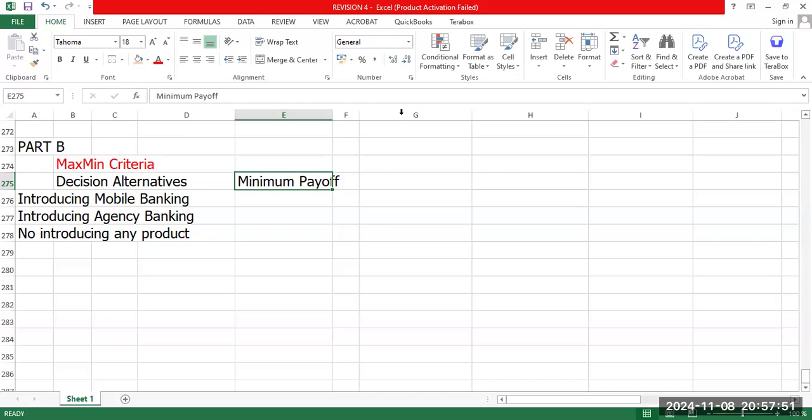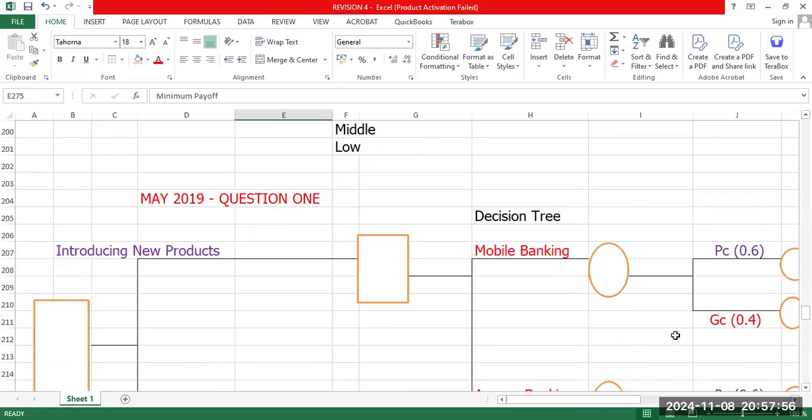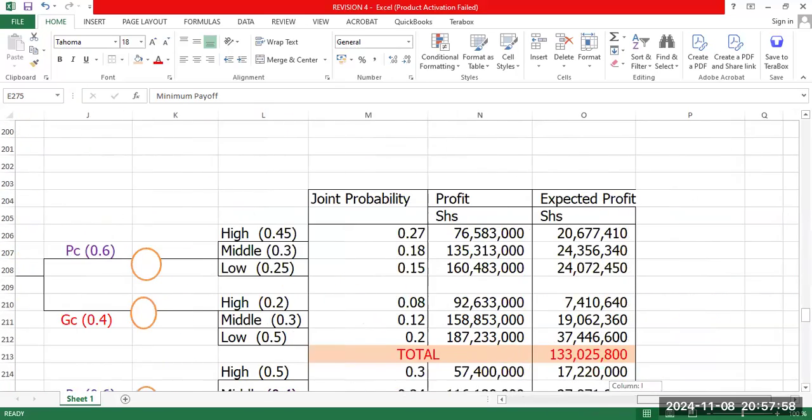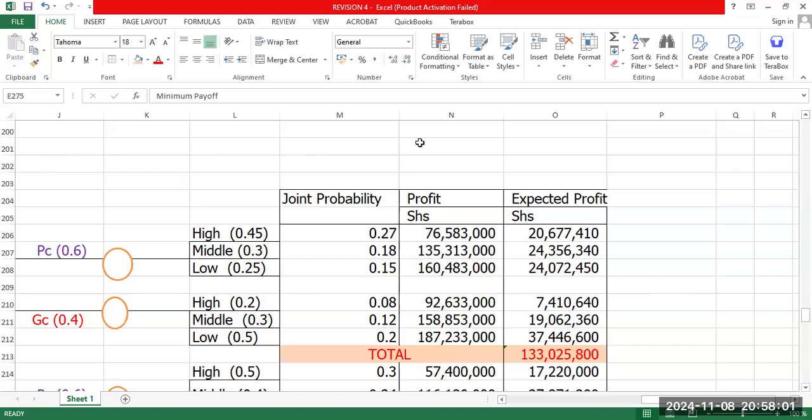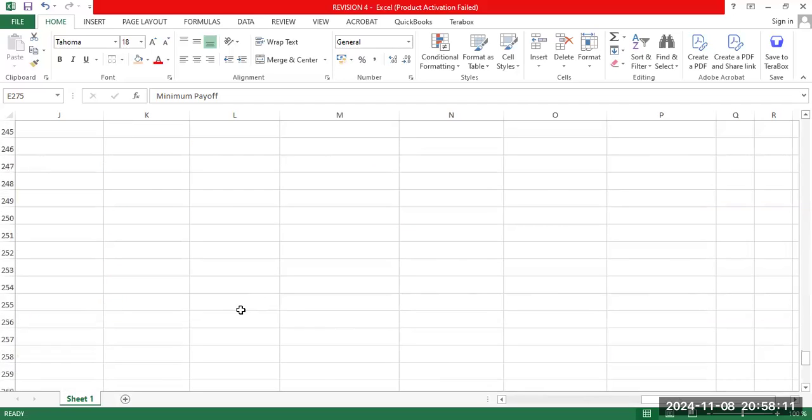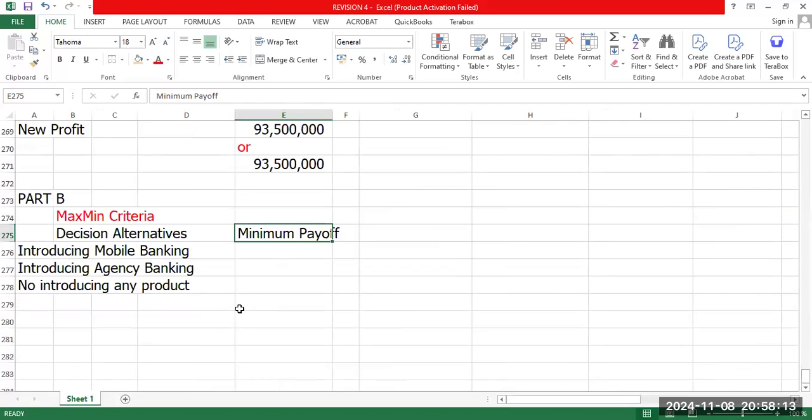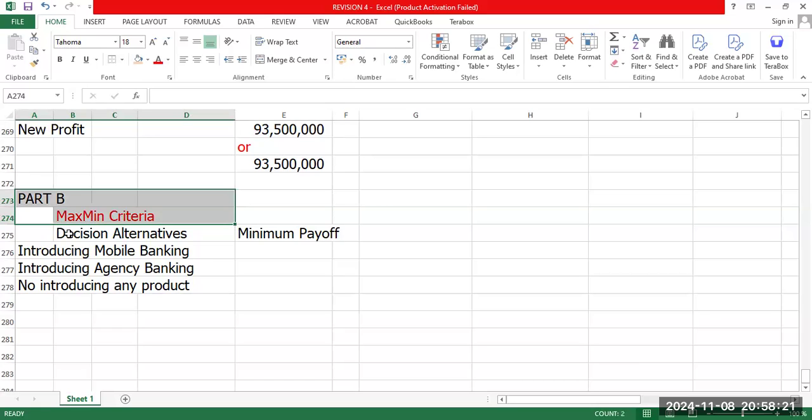And you recall I said that when we are handling max min criteria, that is decision making under uncertainty, we don't apply probabilities anywhere.